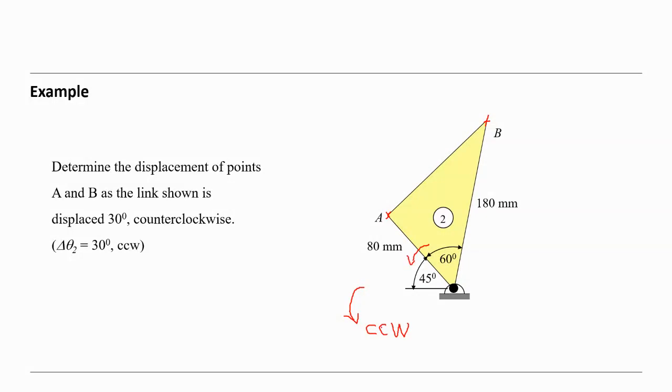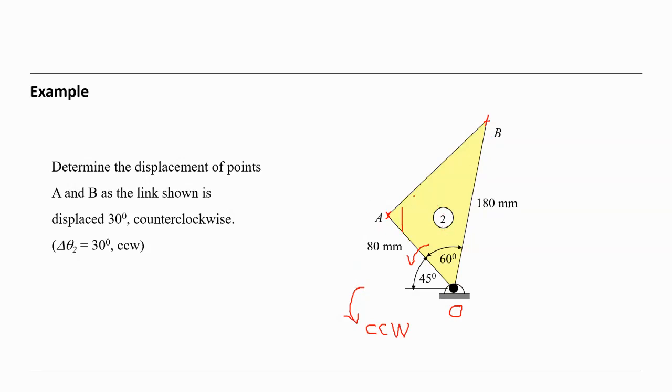We have to find the new position of A and B. In that position, 30 degrees means this is a circular motion around this point, let's say the point O. This member is a rigid body.